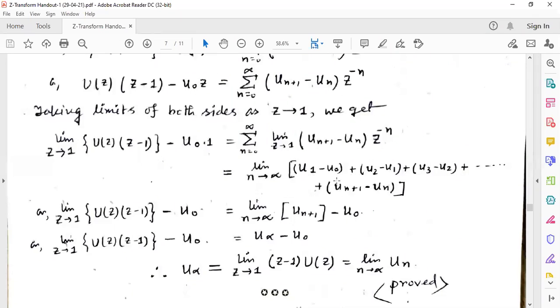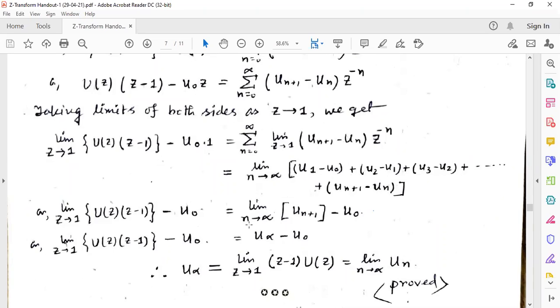Look at here, this u1 will be cut. u0 will be remaining, minus u0. This u1 and here minus u1 will be cut. Here it is u2, here it is minus u2, it will be cut. Here u3, after that here will be coming minus u3. And un will be cut. Only un plus 1 will be remaining and minus u0 will be remaining.